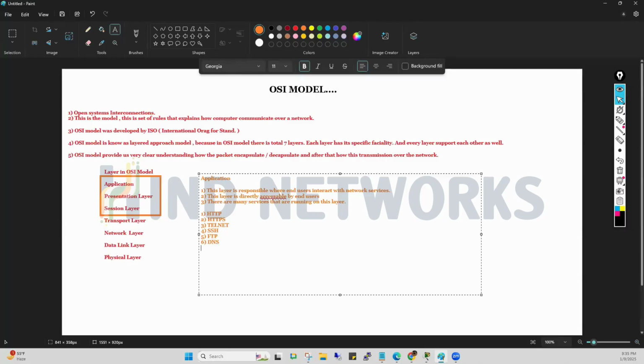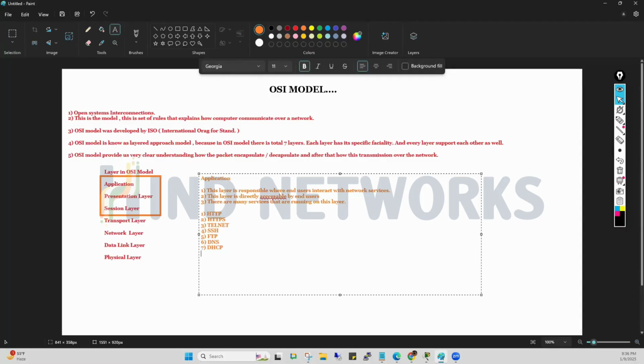It also works at the application layer. DHCP. Yes, it also works on the application layer. Getting my point? So basically, these are the services that are running on the application layer: HTTP, HTTPS, Telnet, SSH, FTP, DNS, DHCP.